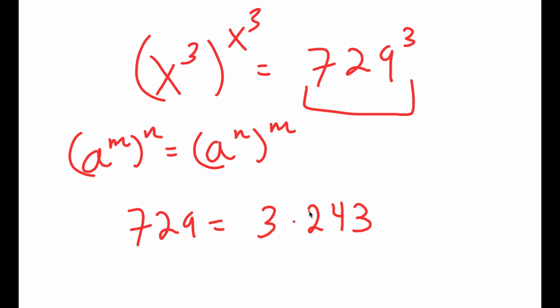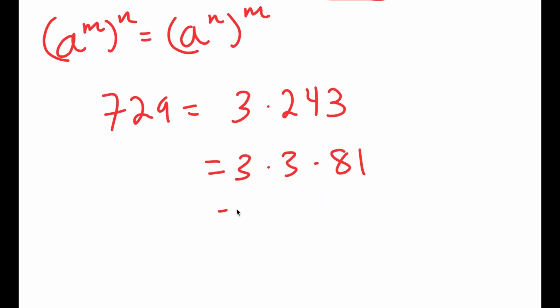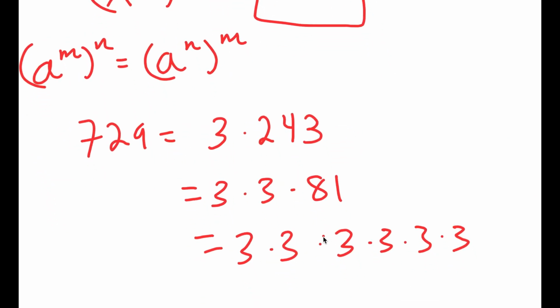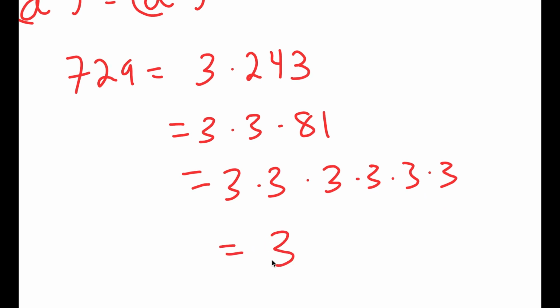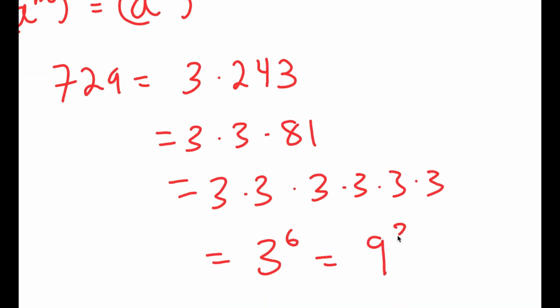And 243 is the same thing as 3 times 81. And 81 is the same thing as 3 to the power of 4, or 3 times 3 times 3 times 3. So this is equal to 3 to the power of 6, which is also equal to 9 to the power of 3.